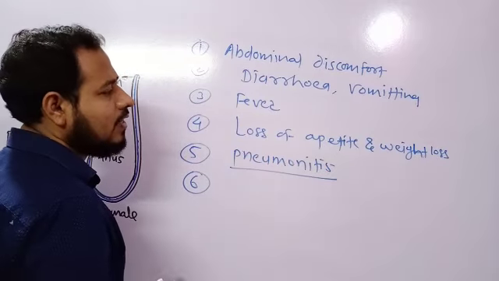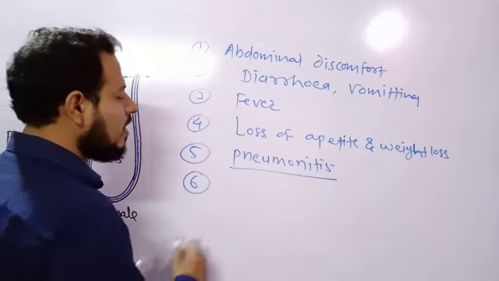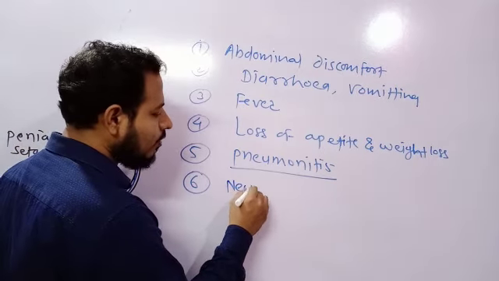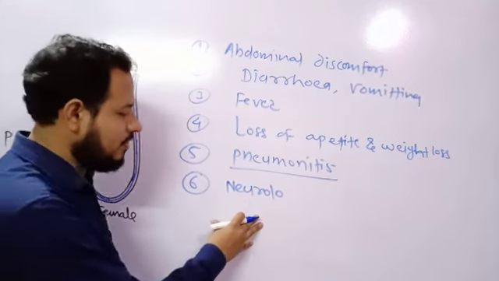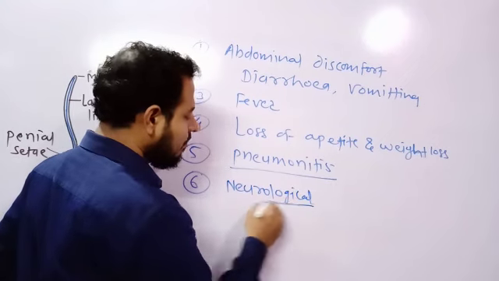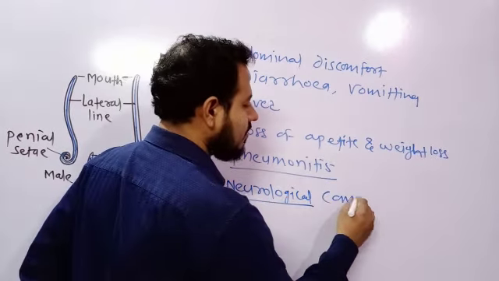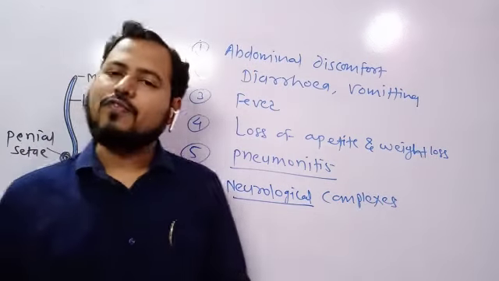So we can observe that their targets, the lungs and intestine, may be strongly affected, and certain neurological complications during migration of the worms may also be found in some cases, in some patients only.